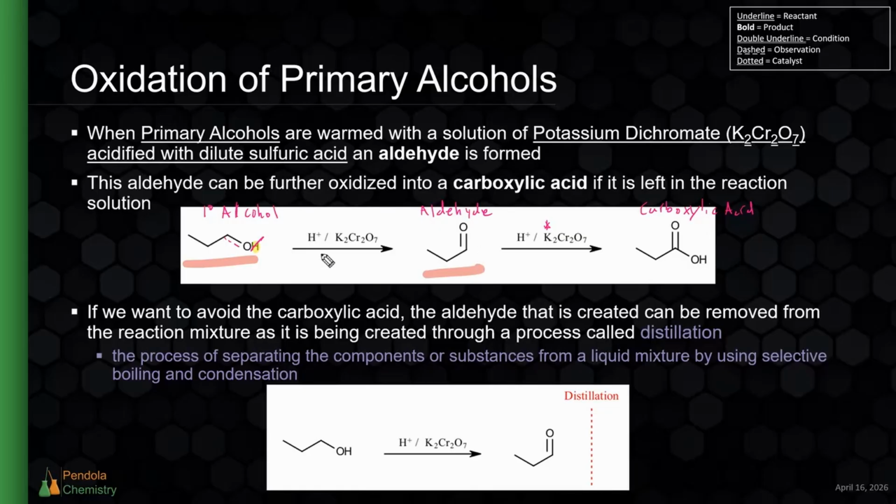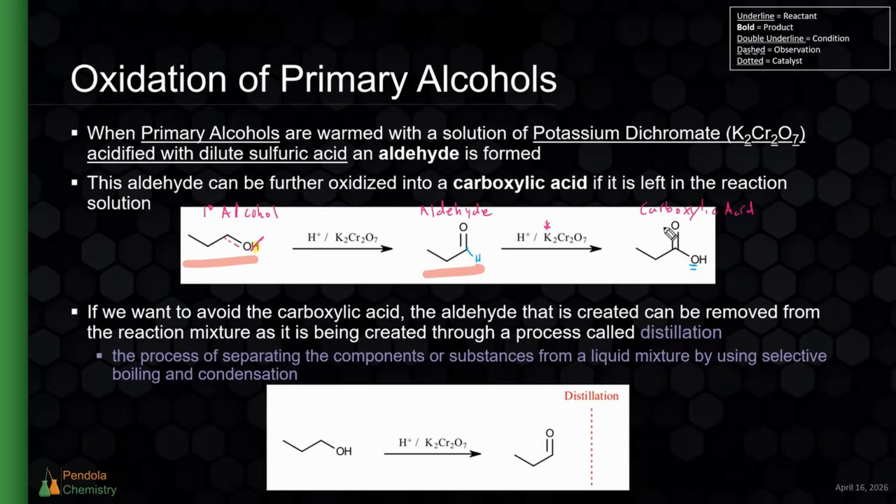Essentially, that aldehyde here has a hydrogen. From that aldehyde, we would then add an oxygen, creating that carboxylic acid. So we're adding oxygen. That's why this is an oxidation reaction. So we go from a primary alcohol to an aldehyde to a carboxylic acid.